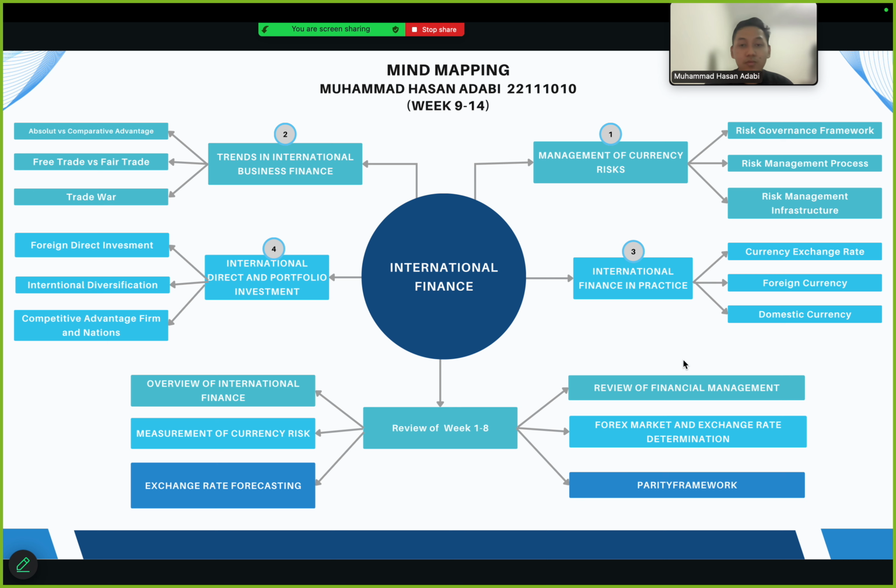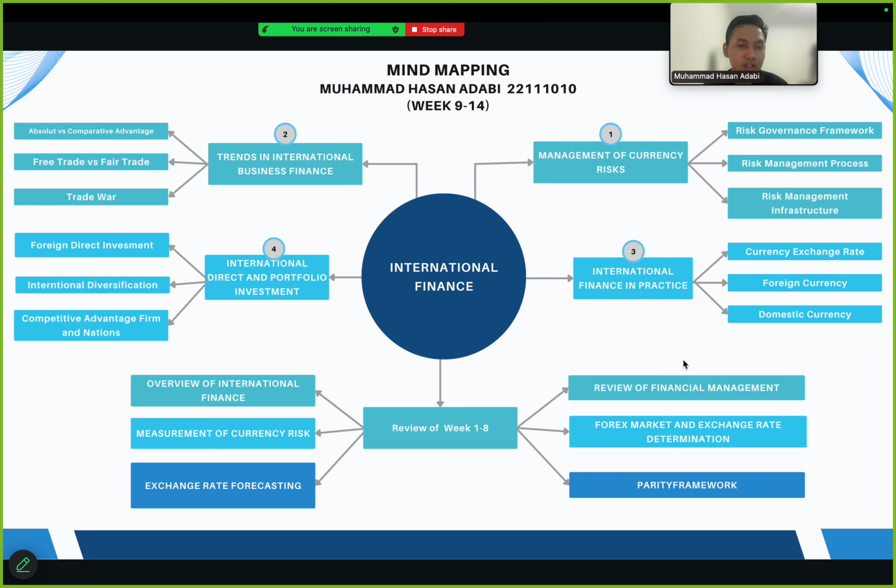And the third one is competitive advantage for firms and nations. A firm or nation can produce more efficiently or innovatively than competitors. For example, Germany's engineering expertise gives its auto industry a global advantage, with companies like BMW, Mercedes-Benz, Volkswagen, and so on.